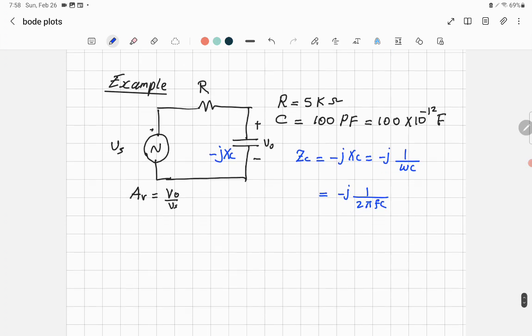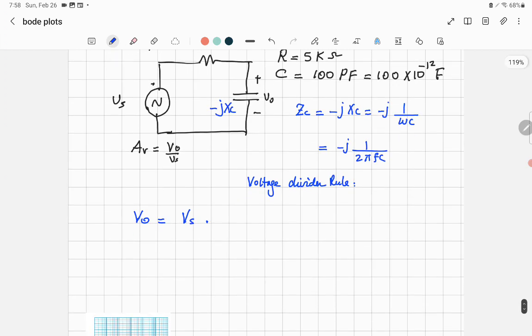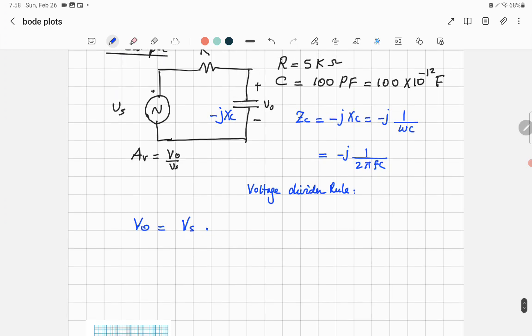That's the impedance of the capacitor. Using the voltage divider rule to find the output voltage, the output voltage Vout is equal to the input voltage of the source times the impedance of the capacitor ZC divided by the impedance of the capacitor plus the resistor.